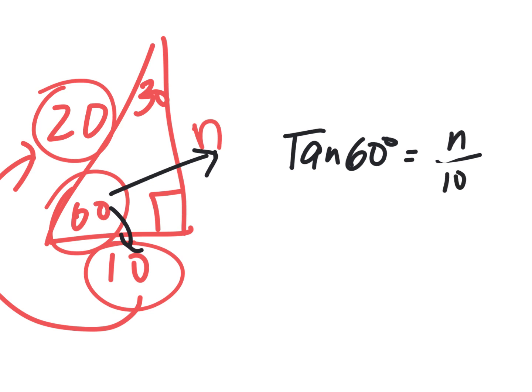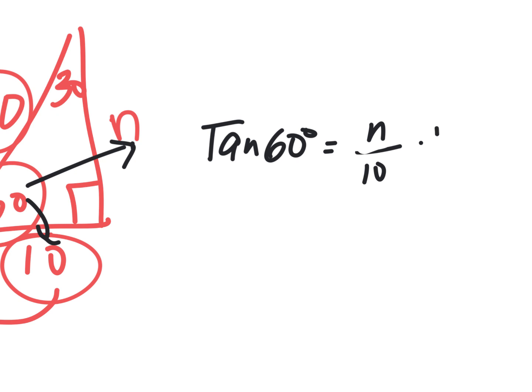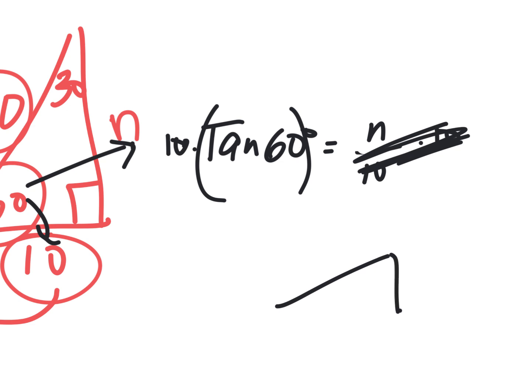There we go. So then, times by 10 on both sides. Clear the fraction. That also is a top 20 thing, clearing the fractions out. And then tangent of 60 is something you can know, because I can make my classic 30, 60, 90: 1, 2, root 3. Tangent of 60 is this one.